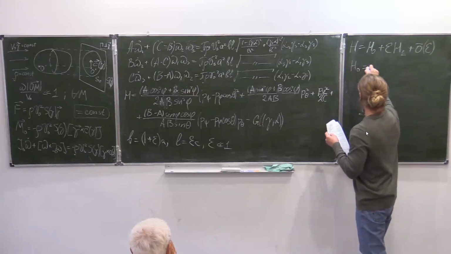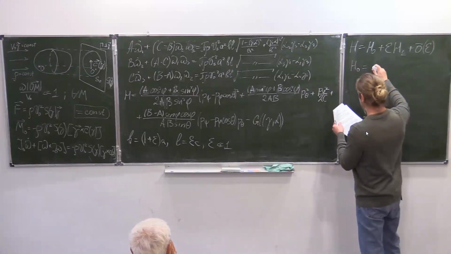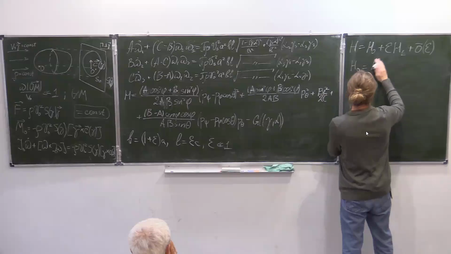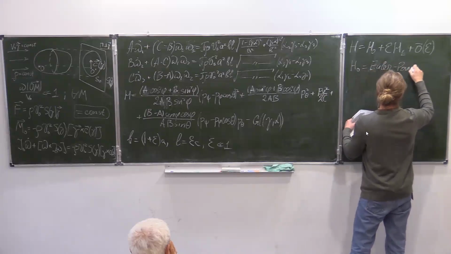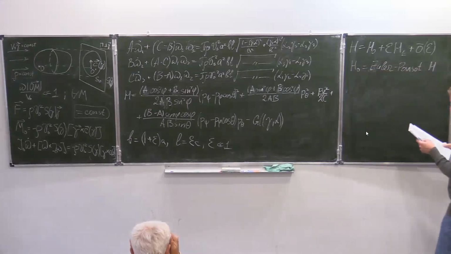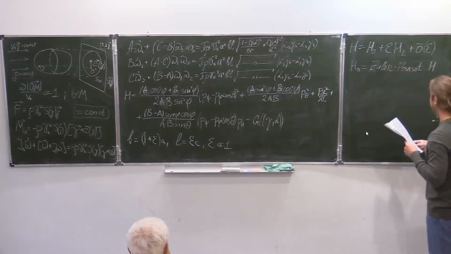Where H0 is the Euler-Poinsot Hamilton function. Thus, in this case, the results of Kozlov can be used to prove the non-integrability of this system.